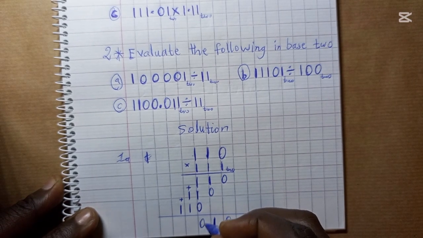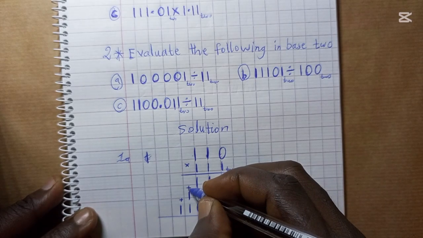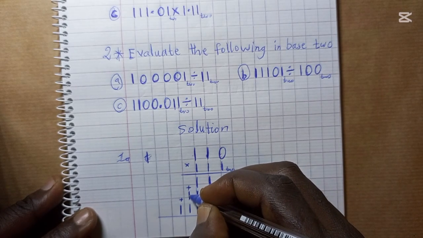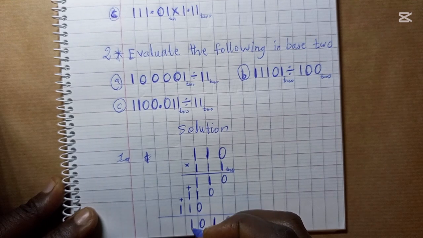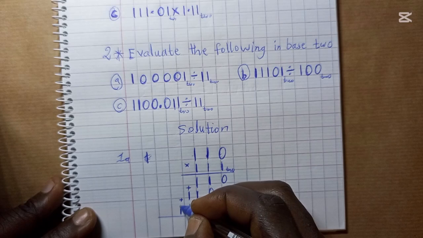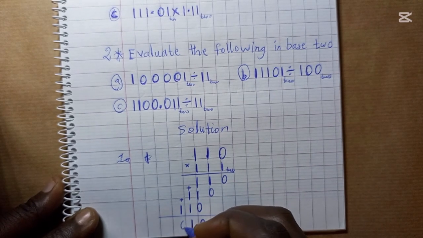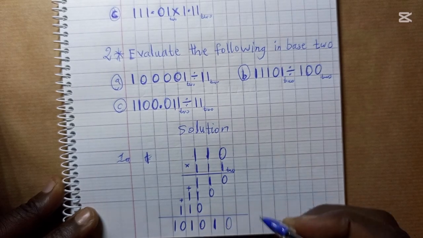Write your 0 and then carry 1 here. 1 plus 1, 10 again. 10 plus 1, 11. So write 1 and then you bring 1 here. 1 plus 1, that is 10. You write 0 and then the remaining one you write it here.